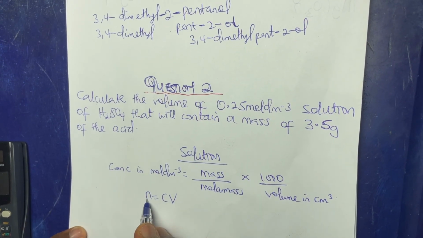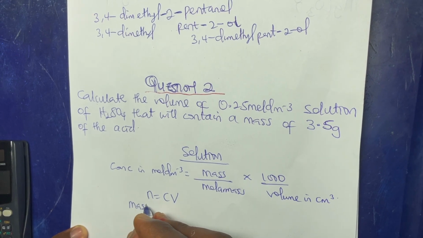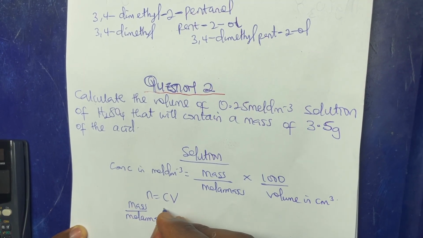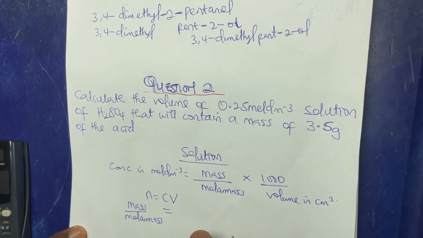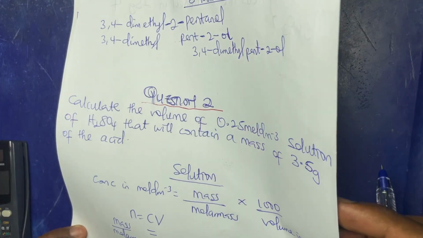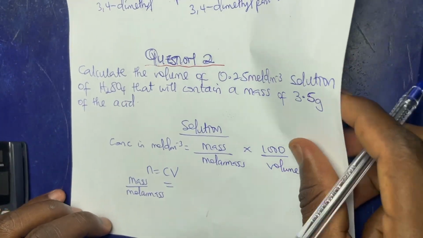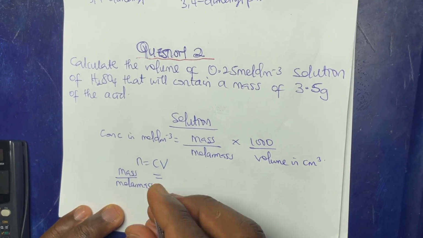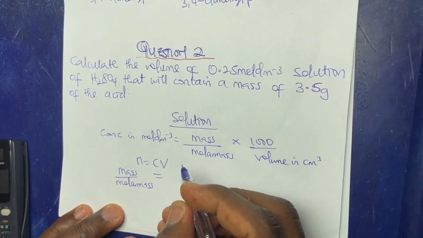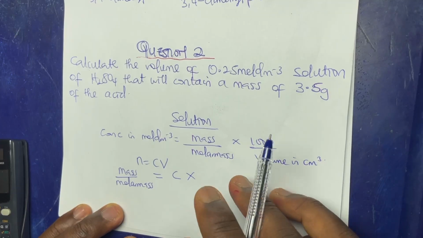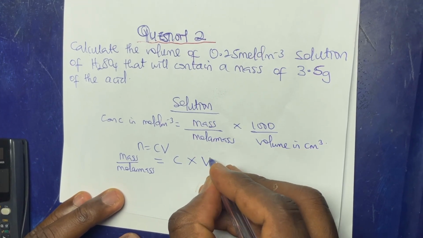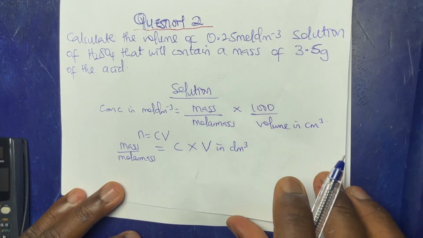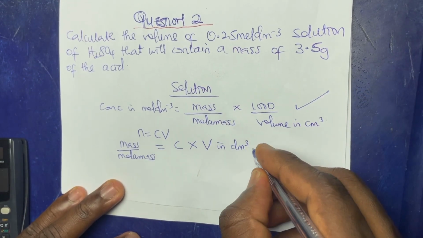Whereby n is mass over molar mass, and concentration C times your volume in dm cube. So you can use this formula, or you can use this formula.